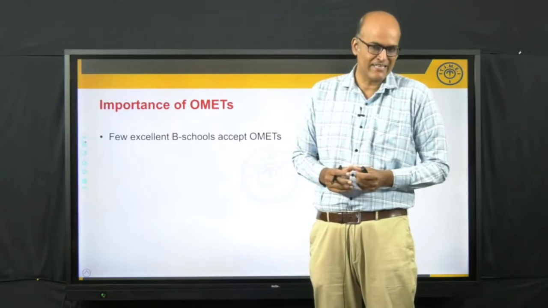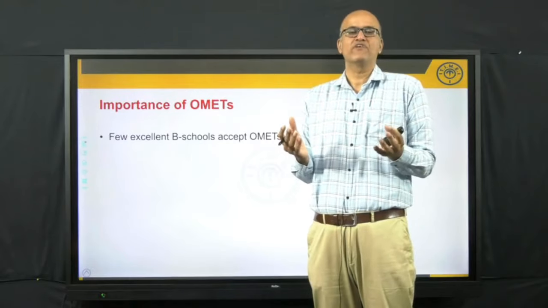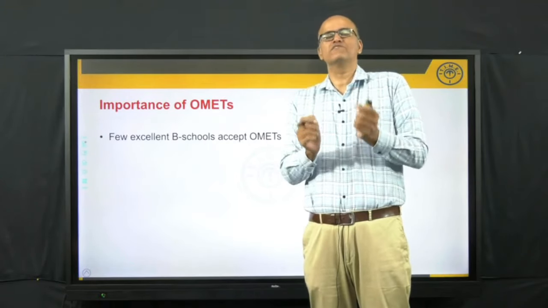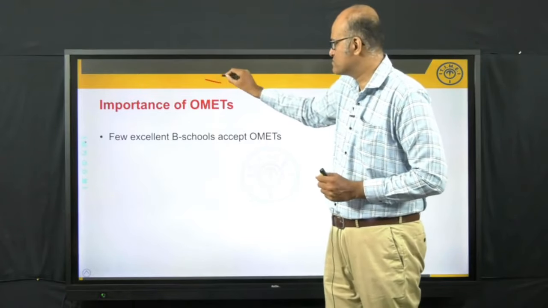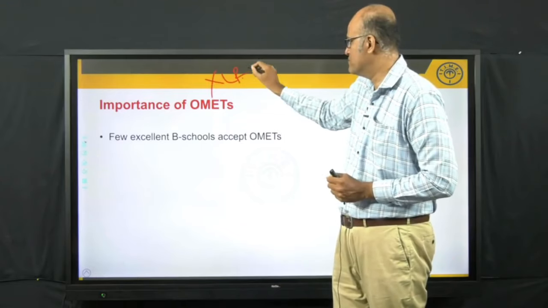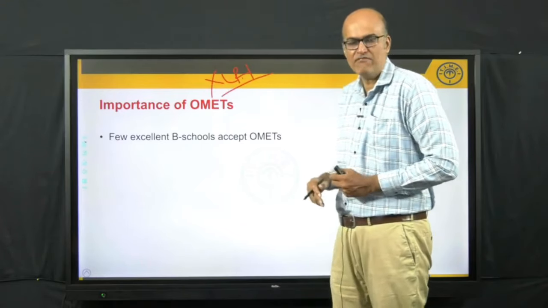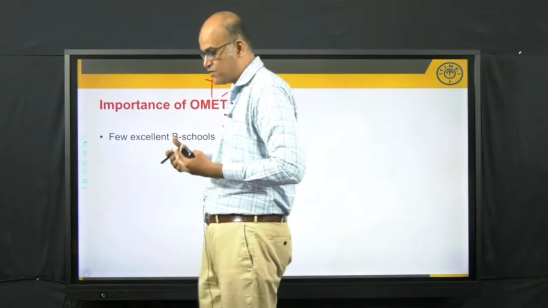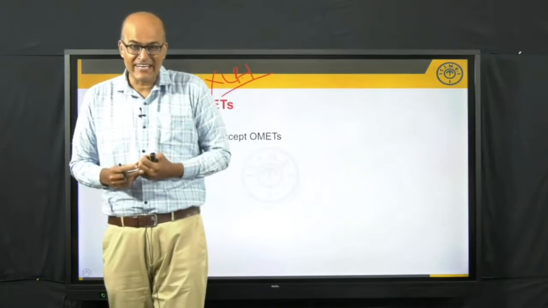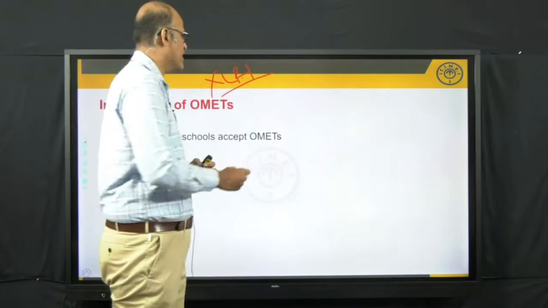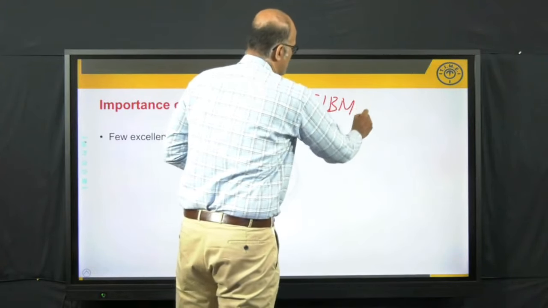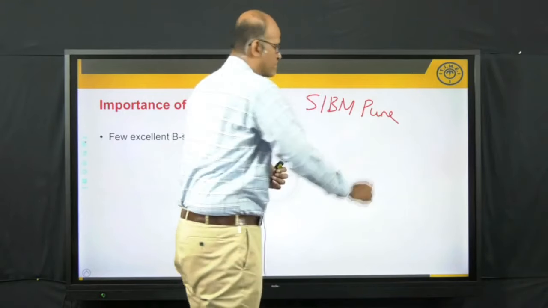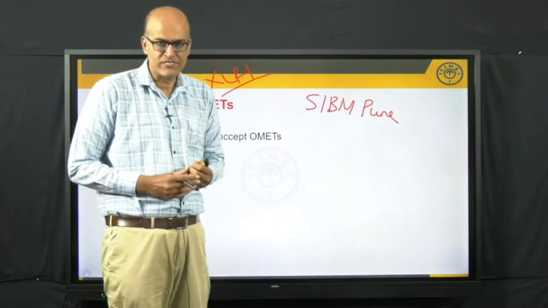Let's understand that. To start with, a few excellent business schools accept OMET scores. For example, there is a business school called XLRI. I'm sure you have heard of this, right? Now, XLRI will give you admission on the basis of your performance in XAT. Similarly, we have a business school called SIBM Pune, which will give you admission on the basis of SNAP performance.